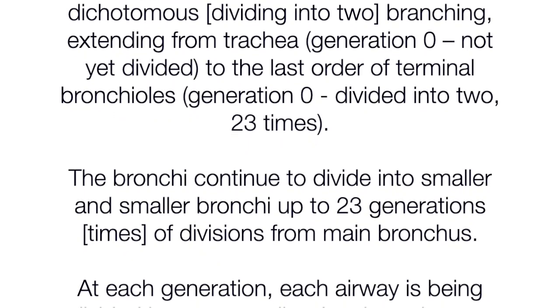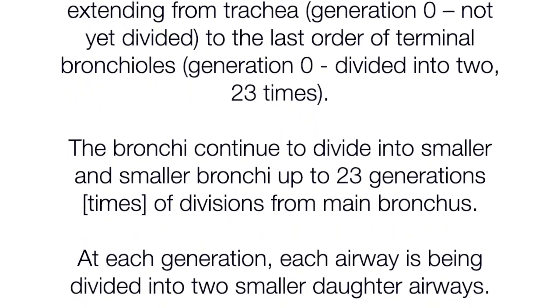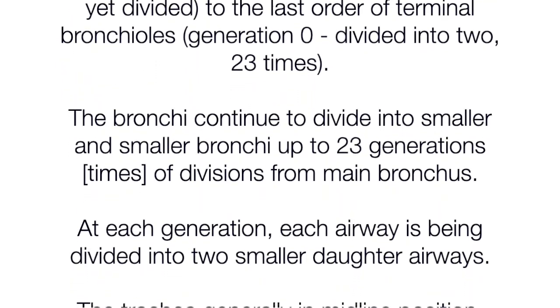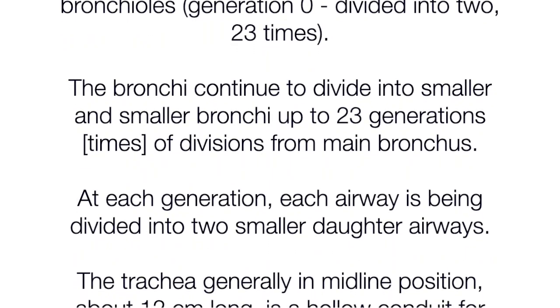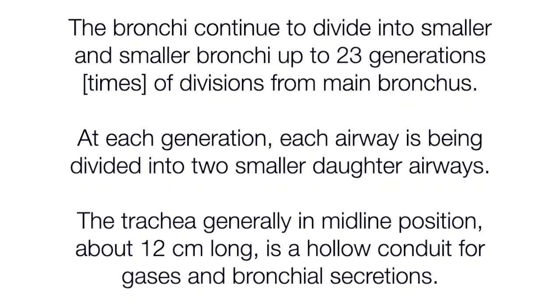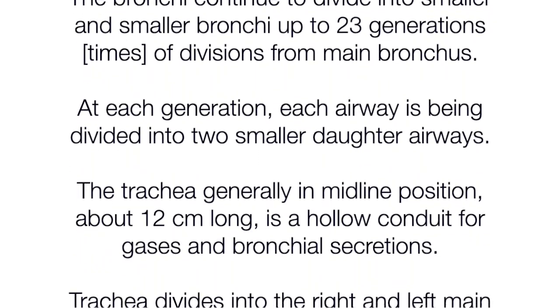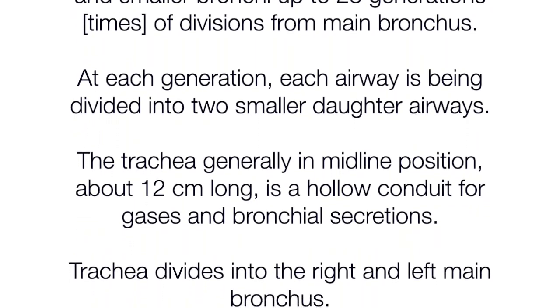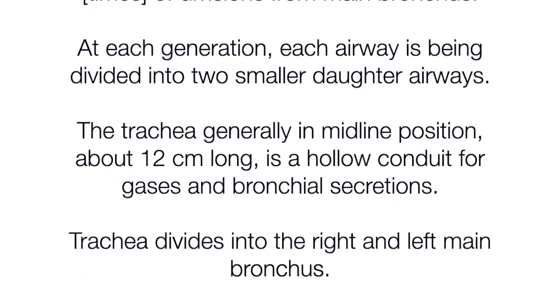The bronchi continue to divide into smaller and smaller bronchi up to 23 generations of divisions from main bronchus. At each generation, each airway is being divided into two smaller daughter airways.